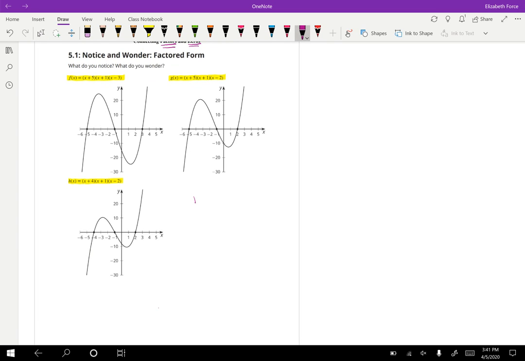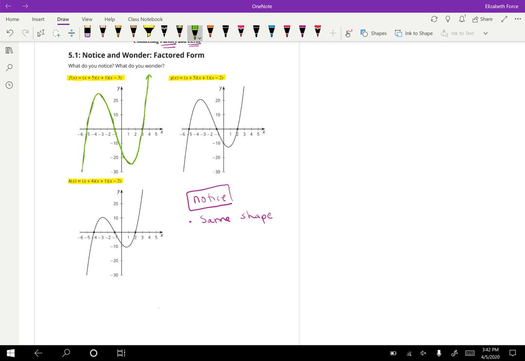So right off the bat, underneath my notice, I see that each of these polynomials has the same shape. When you look at each polynomial from left to right, you'll notice that they are increasing, reaching a high point, turning around, going back down, so decreasing, reaching a low point, turning around, and increasing.